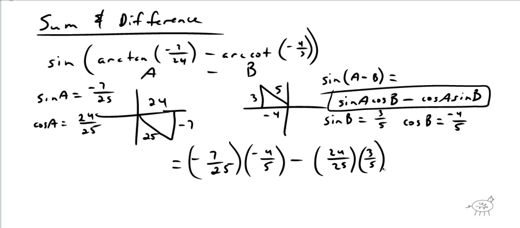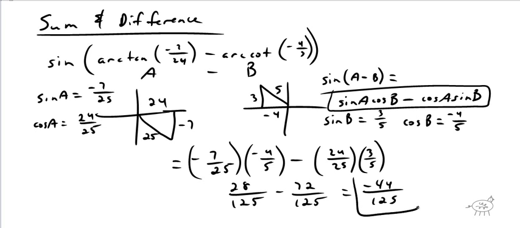Okay, so I multiply that out, I get 28 over 125, and 3 times 24 is minus 72 over 125. So 28 minus 72 is negative 44 over 125. That's my answer. Okay, that's pretty easy, right?